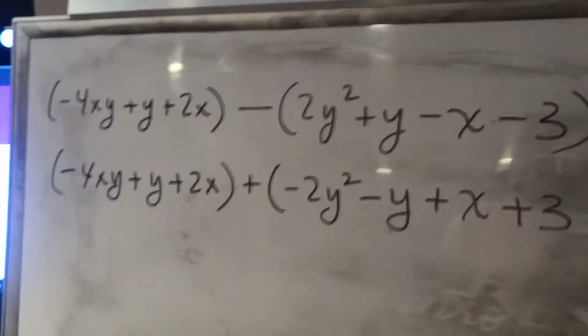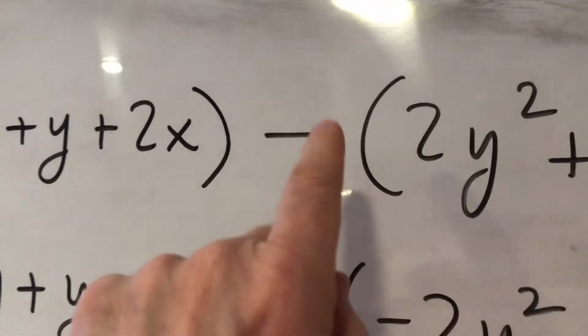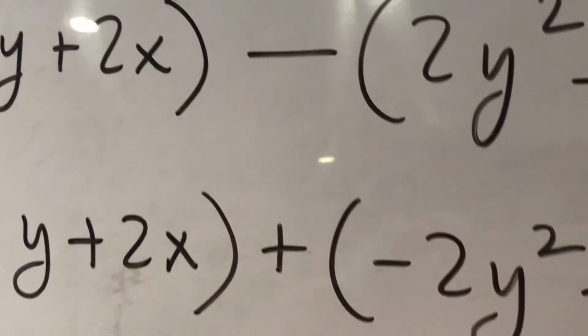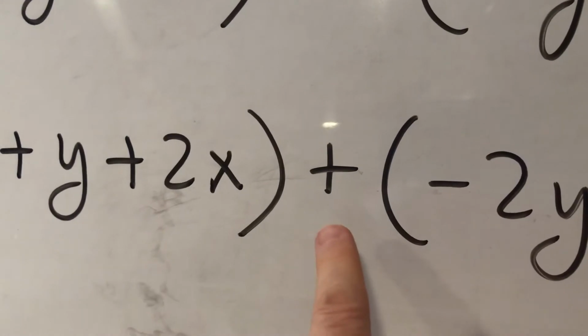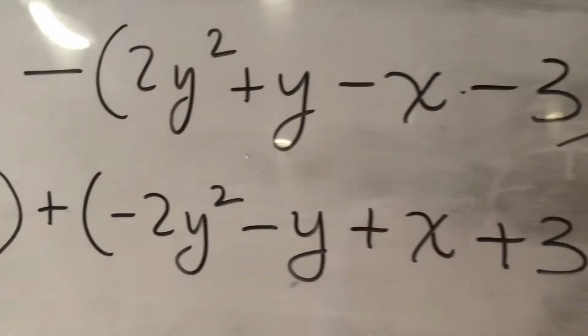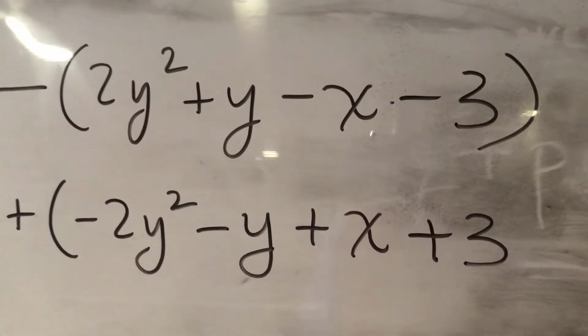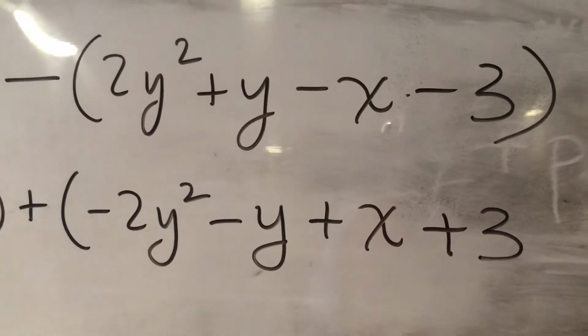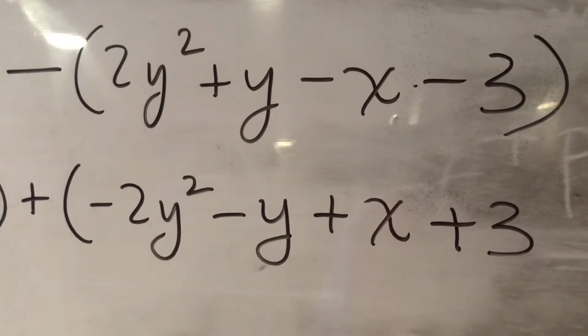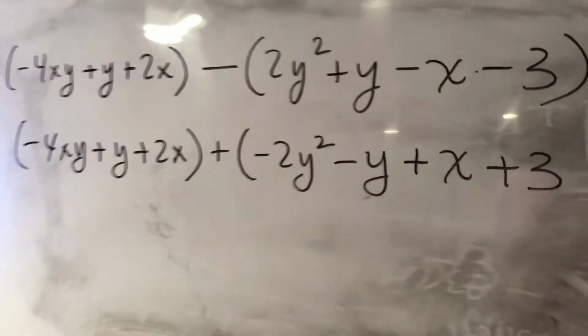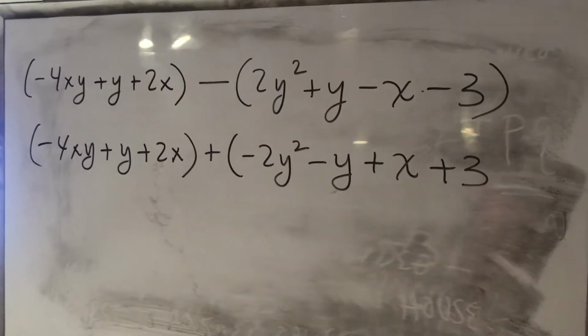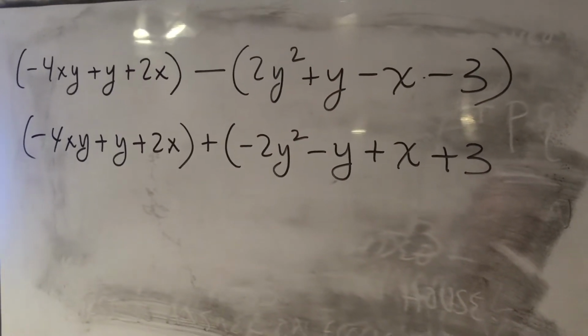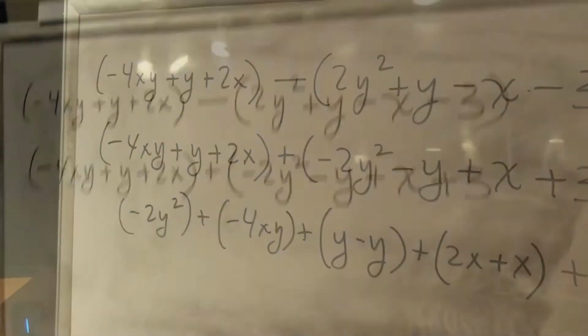So you can see that I changed the minus sign to a plus sign, and all of these terms, all four of these terms in the polynomial, have a different sign than they did originally. So now the process is the same as yesterday, where we're going to add those things that are like terms.